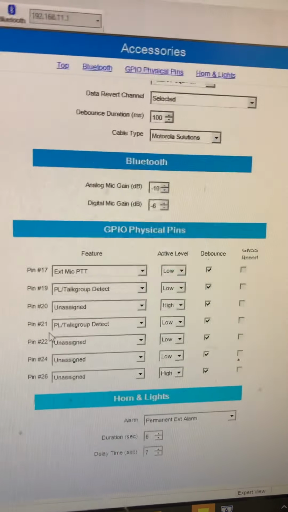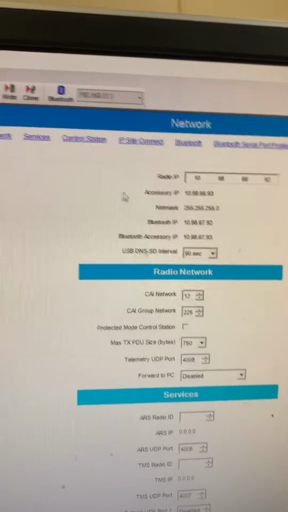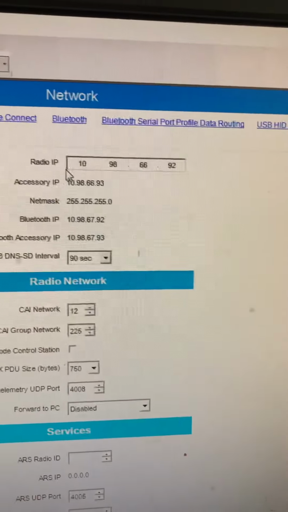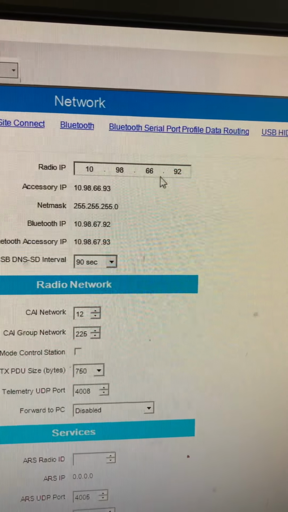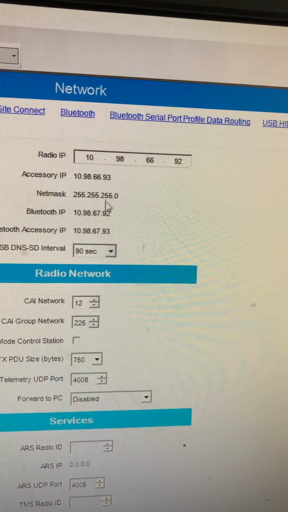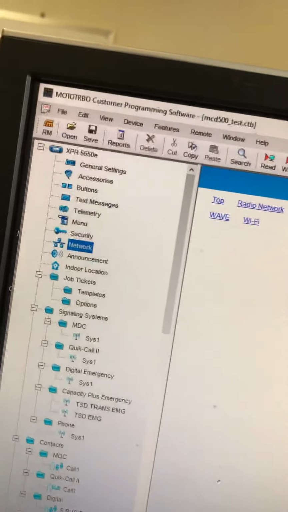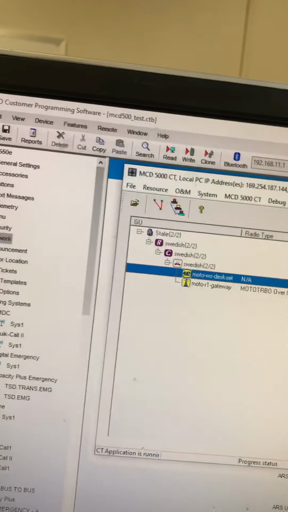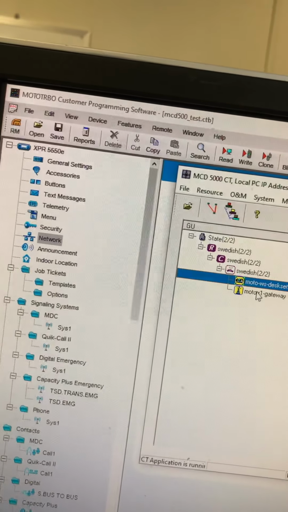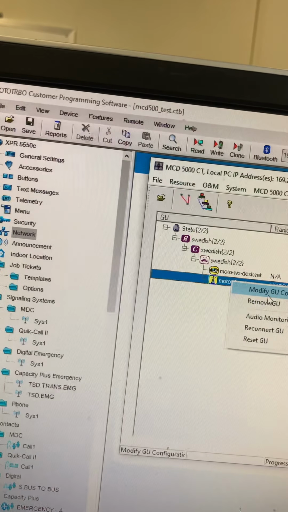And as far as the network is concerned, I put it on the same subnet, 10.98.66.92, and the accessory IP is .93. I've tried 92 and 93 in the gateway here, and it just doesn't make any difference at all.